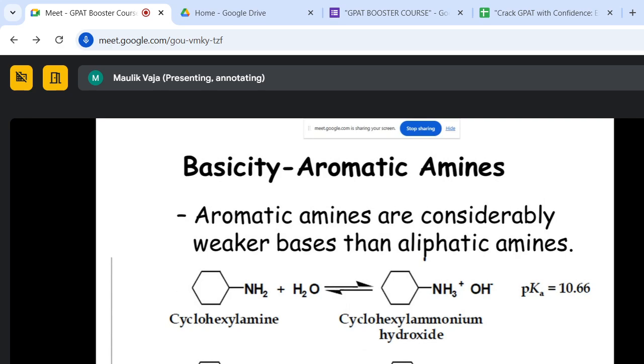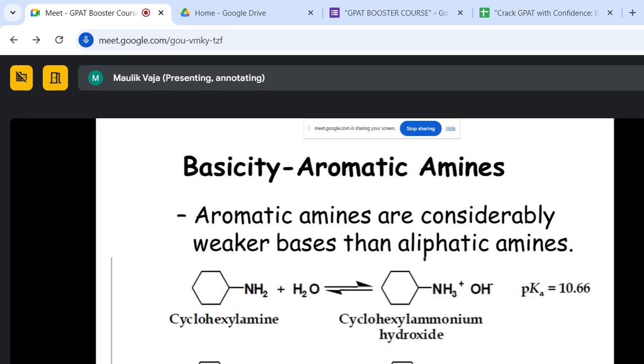Next is basicity of amines. They sometimes ask about the basicity of amines and the acidity of aromatic carboxylic acids. If we talk about aromatic amines and aliphatic amines, aliphatic amines are more basic as compared to aromatic amines.